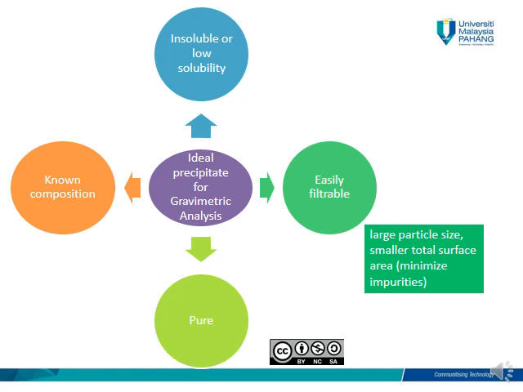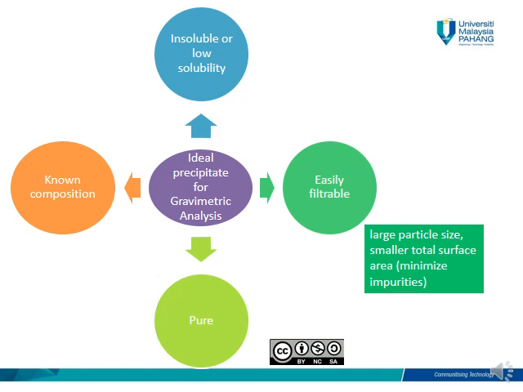So, what is the ideal precipitate for gravimetric analysis? When we talk about an ideal precipitate, we refer to a very good, high quality precipitate. The first property is insoluble or low solubility.